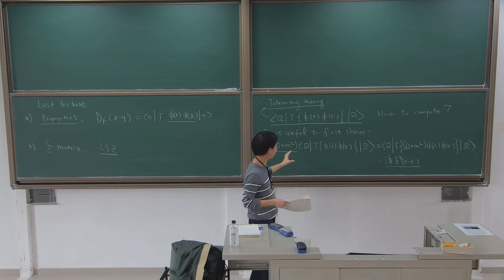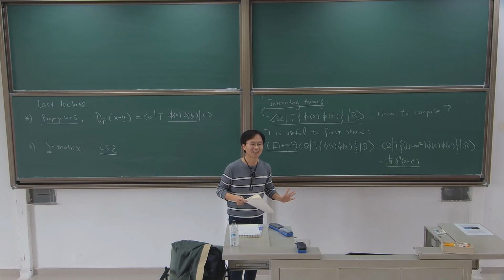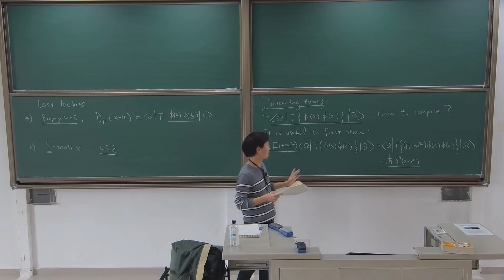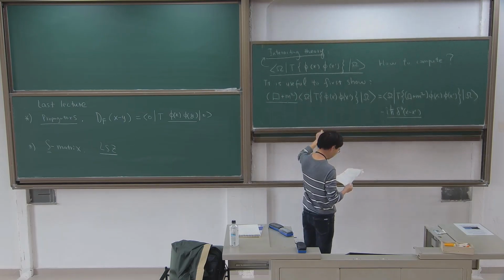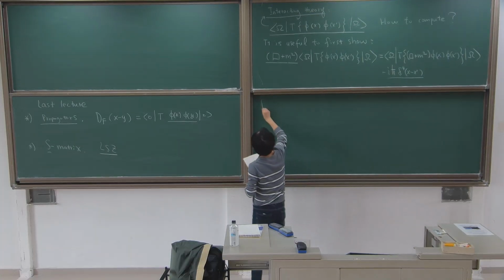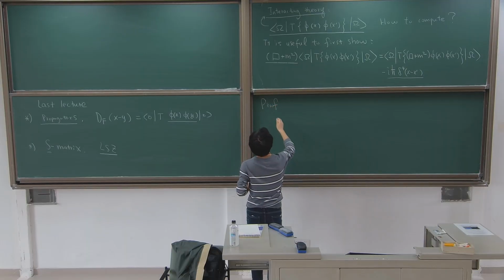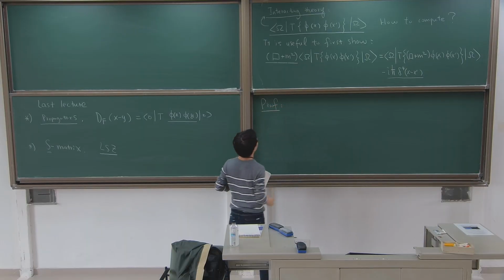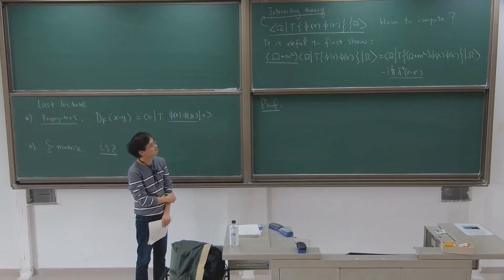We tried to act precisely such an operator on the two-point function and see whether we can get a delta on the right-hand side. It's very similar to that exercise. So let's do it. The proof is important, as you will soon realize, so let's spend a few minutes to prove that equation.